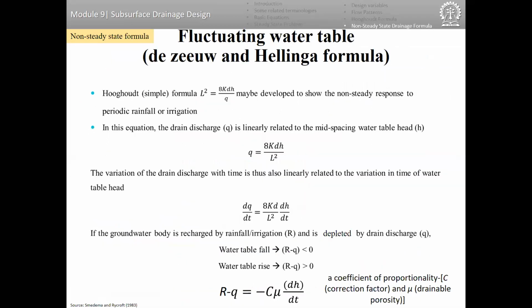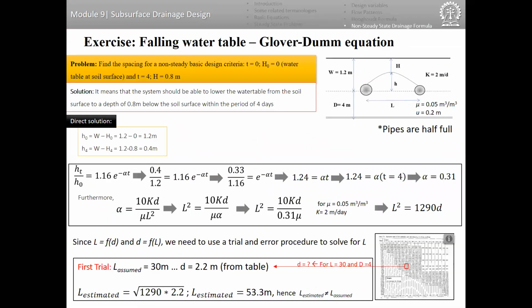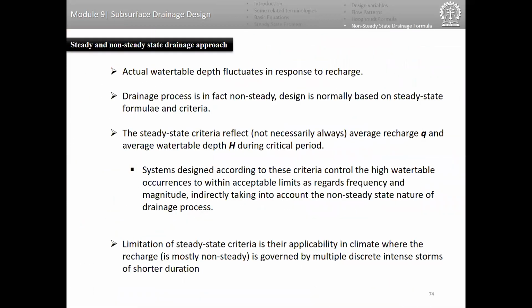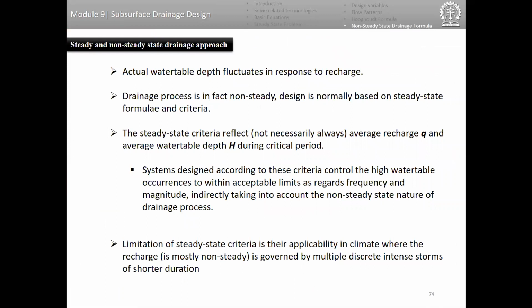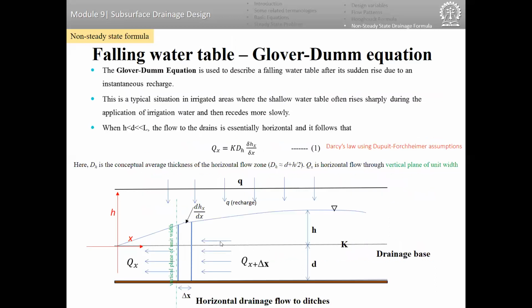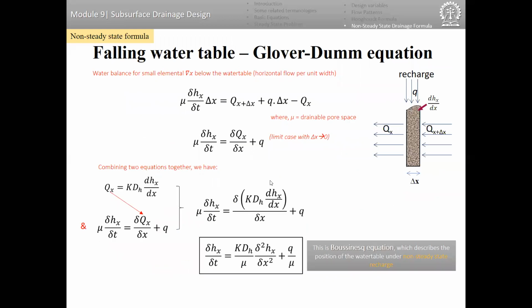In today's class, we started with the comparison of the steady and non-steady approach and the limitations of the steady approach. If you go with the steady state approach, we are essentially going with the average condition, and indirectly taking care of the unsteady behavior. Then we started with the falling water table and saw the expression of the Glover-Dumm equation.